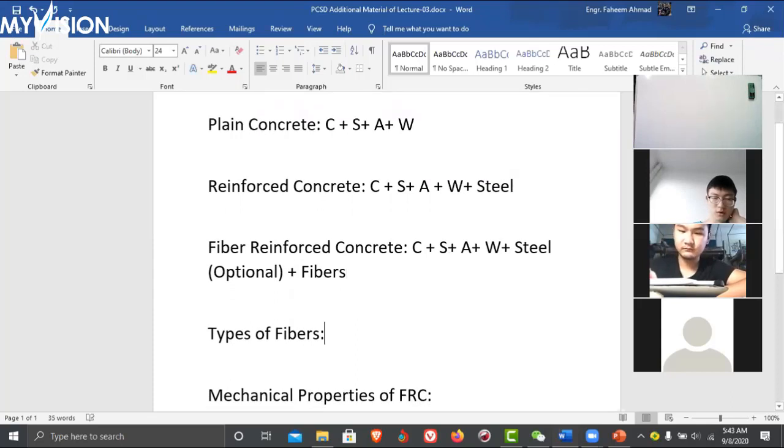Okay, there are two types of fibers available. Who will name them? Can you please tell me how many types of fibers available? There are two basic types of fibers available.